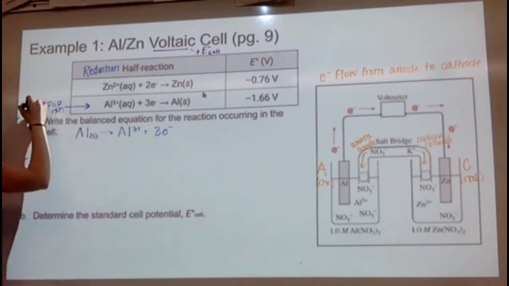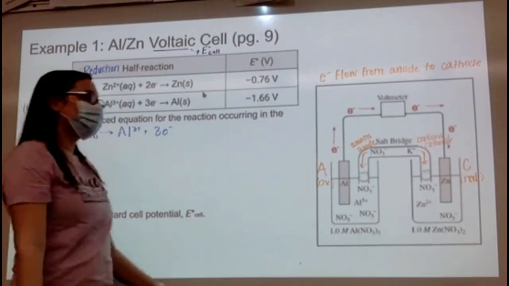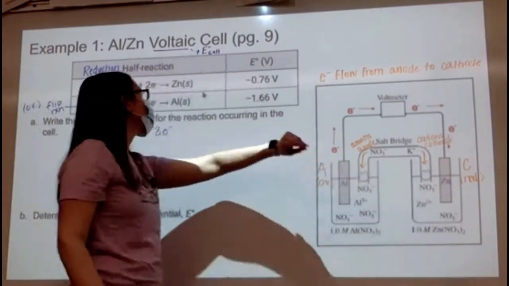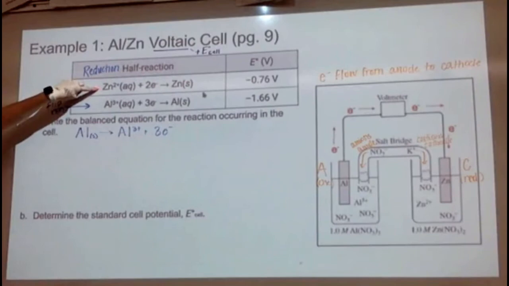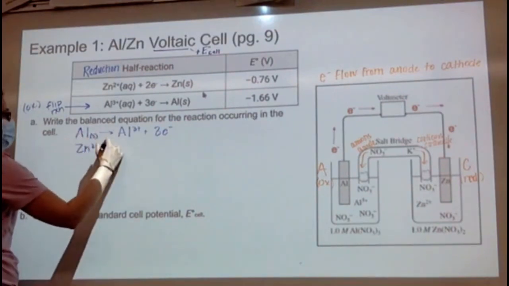I might just make myself a note here. This is oxidation, so I flip the reaction. The zinc half cell, this is reduction. So the way that this is written is okay. This is showing reduction. Zn2 plus to Zn, it's going from +2 to 0. So I'm just going to write this equation as it's written.